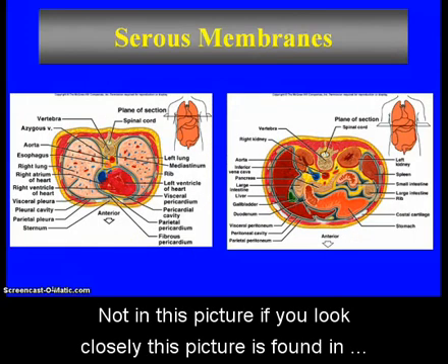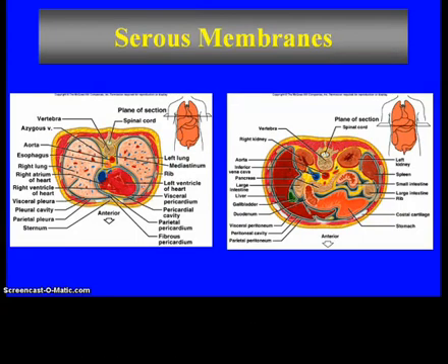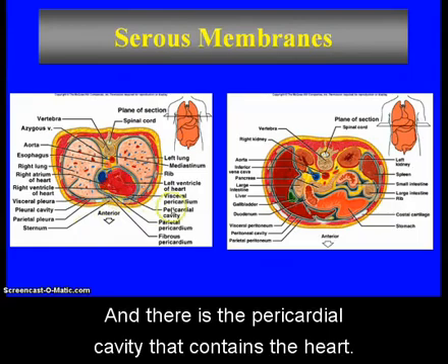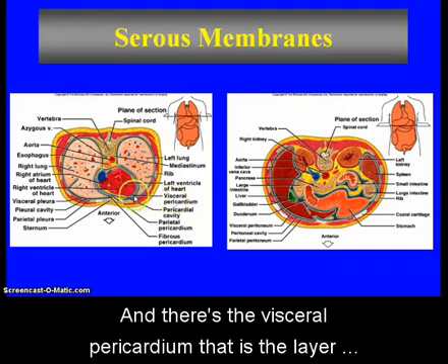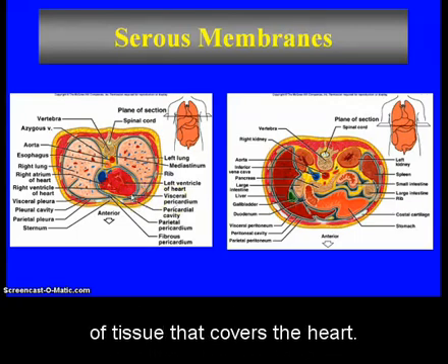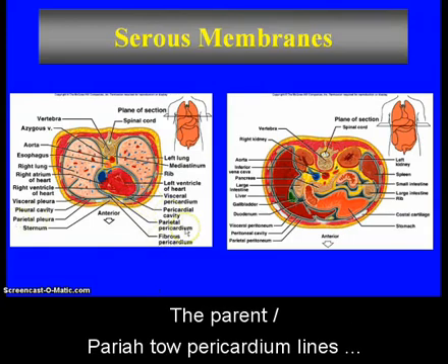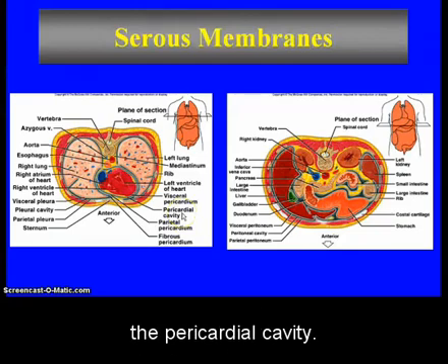Now in this picture, if you look closely, this picture is found in your textbook also, here's your heart, and there is the pericardial cavity that contains the heart, and there's the visceral pericardium, that is the layer of tissue that covers the heart. The parietal pericardium lines the pericardial cavity.